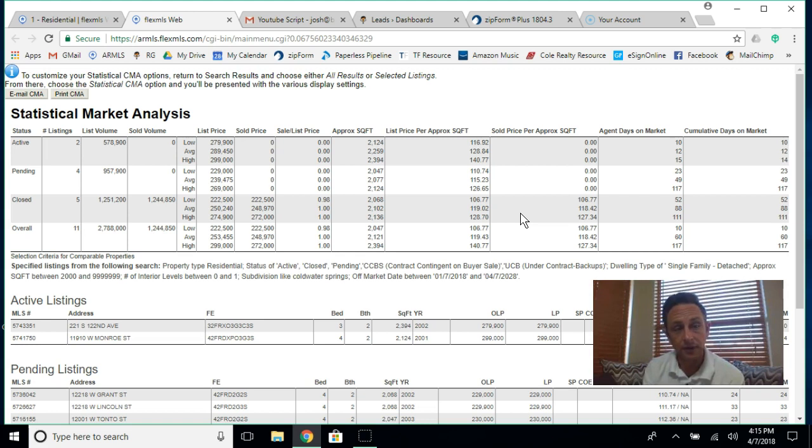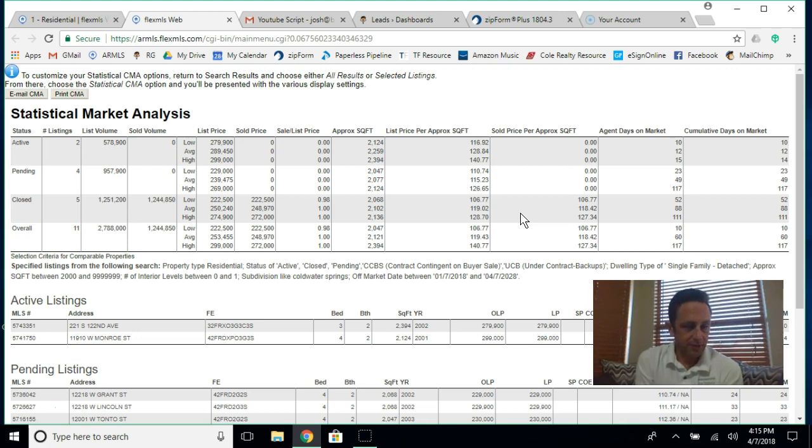Next is pending. Same thing. Is the home in question? Where should it be? Where is it? Okay, and finally closed. Where is it overall? So let's go ahead and jump into each of those kind of angles of perspective.